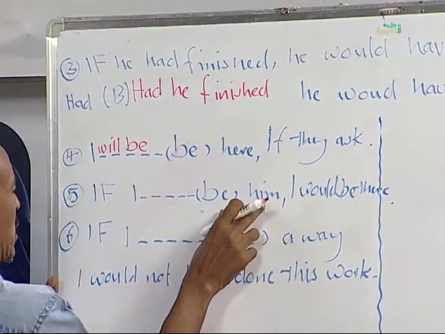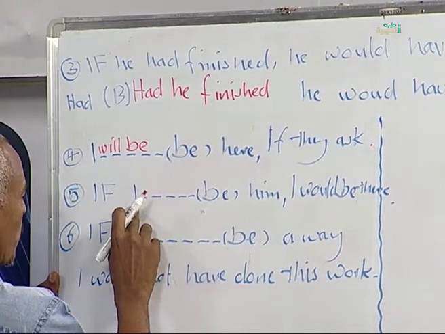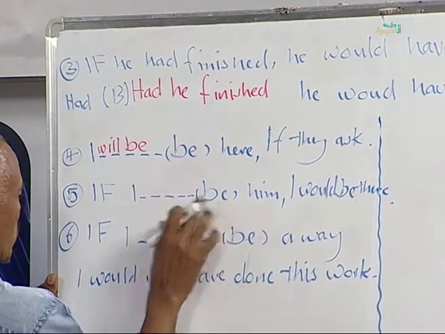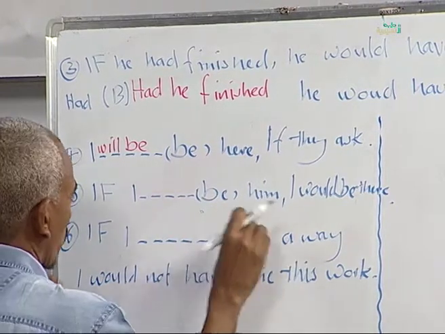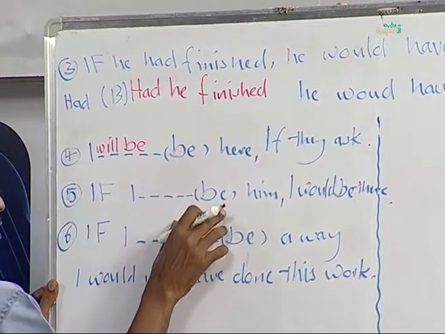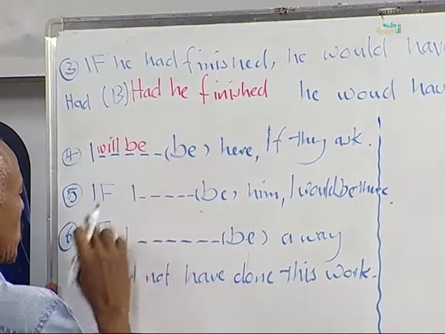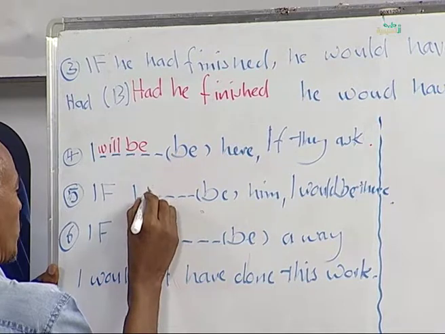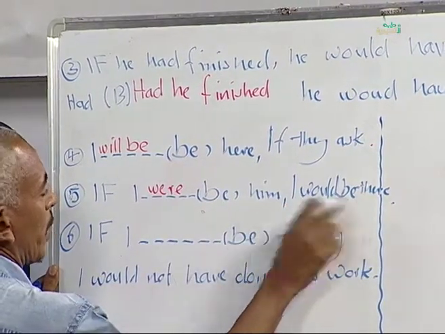From this sentence, you see that we have here two things or two persons that completely cannot be the same. It is going to be impossible for them to be here. There is impossibility here. According to it, this is sentence type 2 or conditional 2. And to solve it, if I were him, I would be there. Right.